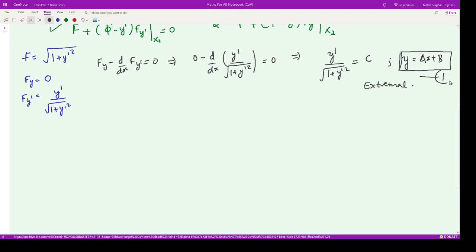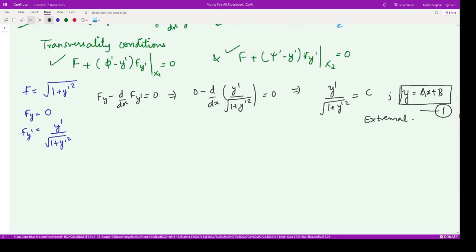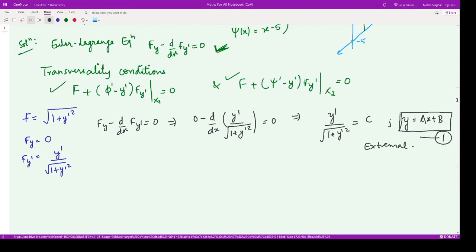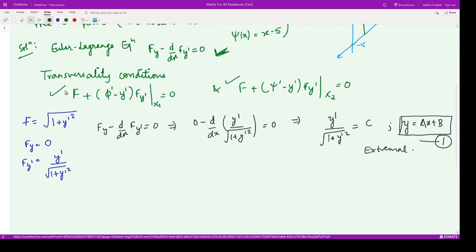Mark this as equation number 1. Now let us solve these transversality equations. The first equation is f plus phi dash minus y dash fy dash at the point x1 is equal to 0. So what is f?